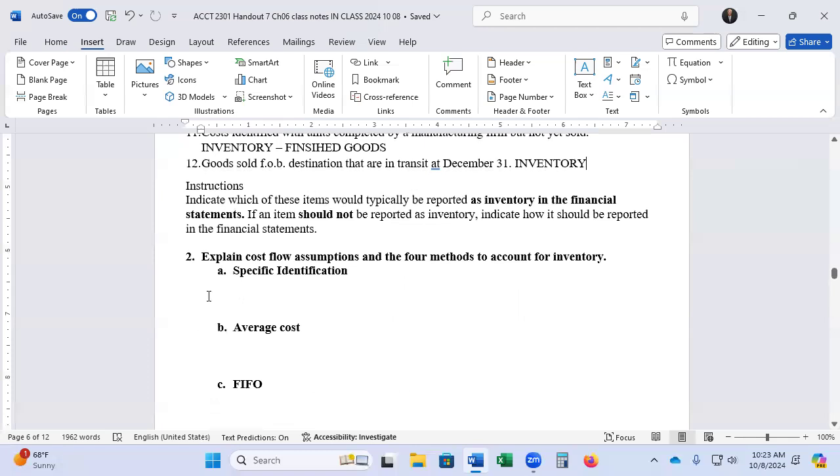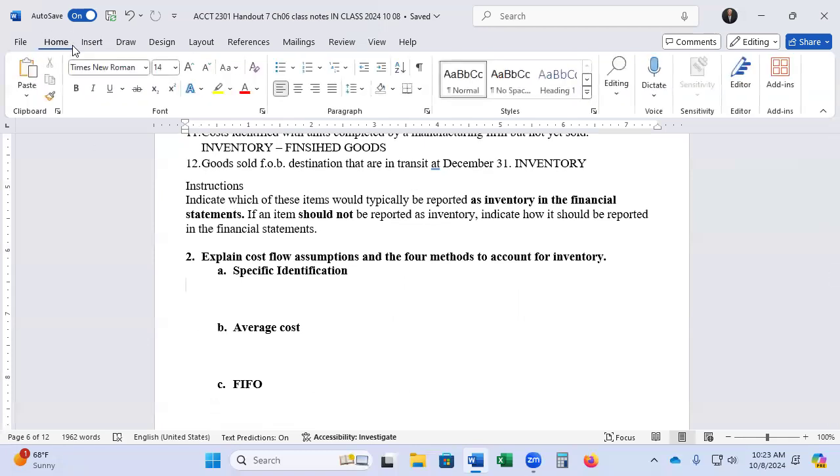Okay. So now we are talking about cost flow assumptions, and the four methods to account for inventory. So specific identification would be that you track all costs for each inventory item separately.